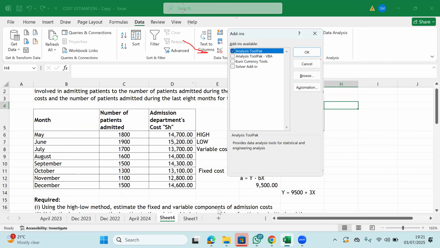Then you check your add-ins available. Then you click on the analysis toolpack, not Excel toolpack, but analysis toolpack.